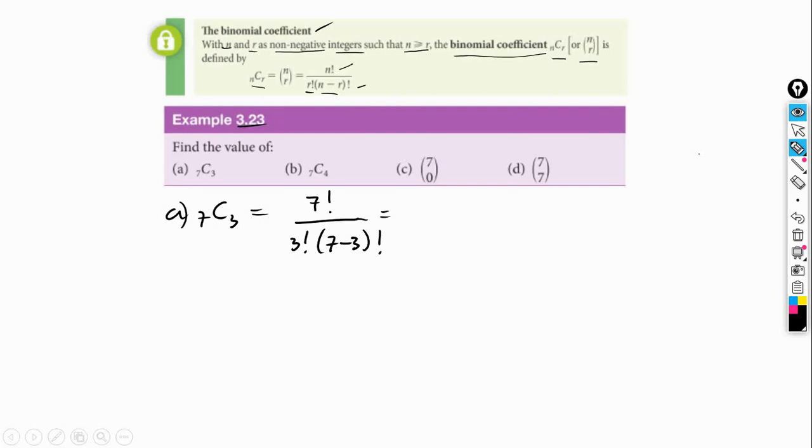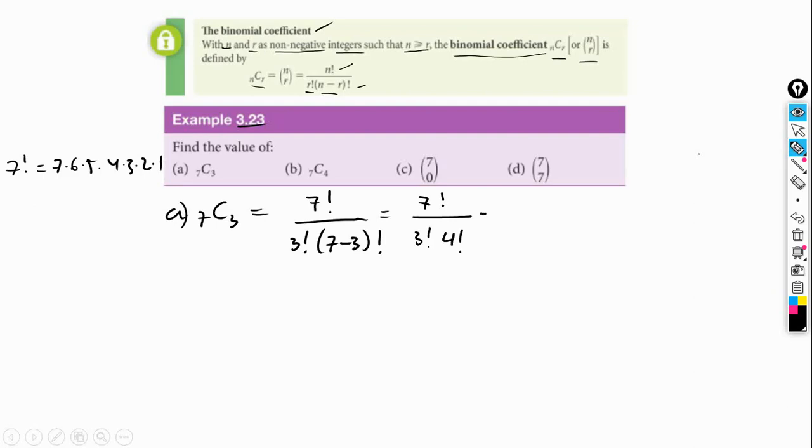Okay, so remember that factorial, if you have something like 7 factorial, that means 7 times 6 times 5 times 4 times 3 times 2 times 1, and that is for any number that has a factorial. So let's rewrite this as 7 factorial over 3 factorial times 4 factorial.